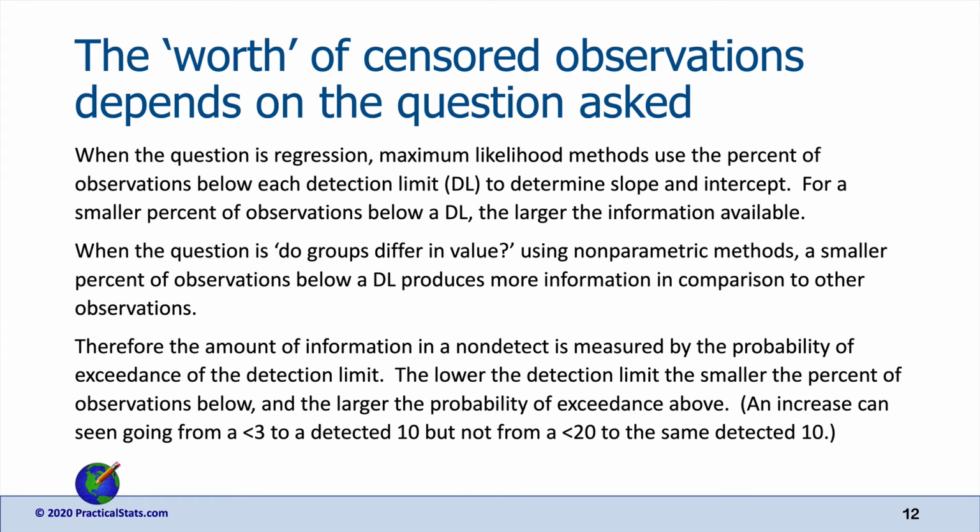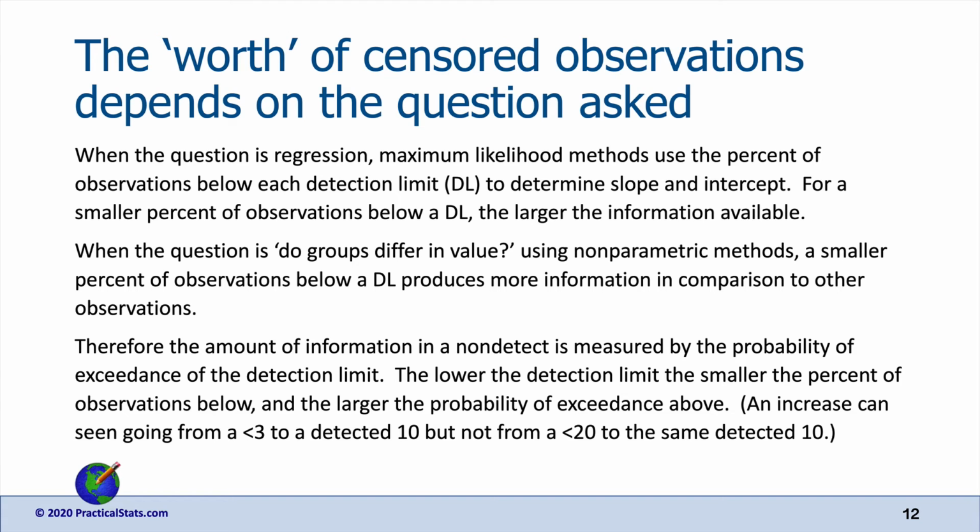When the question is regression or doing things with maximum likelihood methods, like trying to estimate a mean, those methods use the percent of the observations that are below each detection limit to determine the percentile that detection limit represents, and then that information is used to compute the eventual slope and intercept or mean.